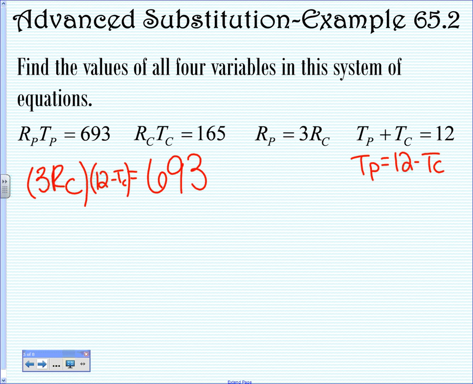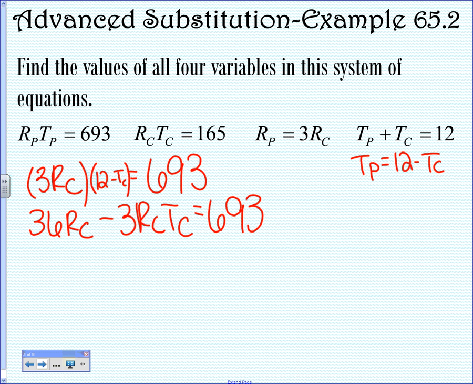So if we distribute, what would we get for this equation? Minus equals 693. Okay. Now what? Okay, so what can I do with that 165?